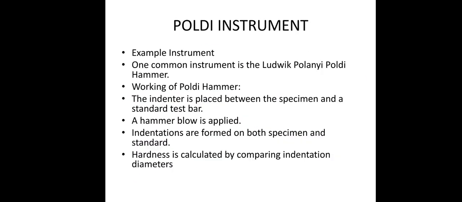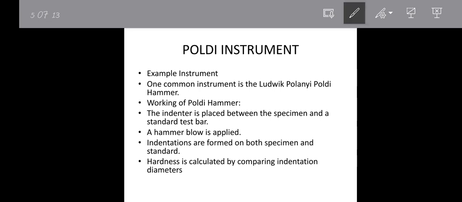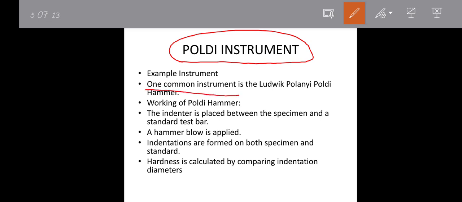Next, we see an example of the impact hardness test. One of the most famous instruments used in the impact hardness test is the Poldi instrument, and it is also a common instrument. It works on the Poldi hammer. The indenter is placed between the specimen and the standard test bar as a bolting instrument. Then the hammer blow is applied.